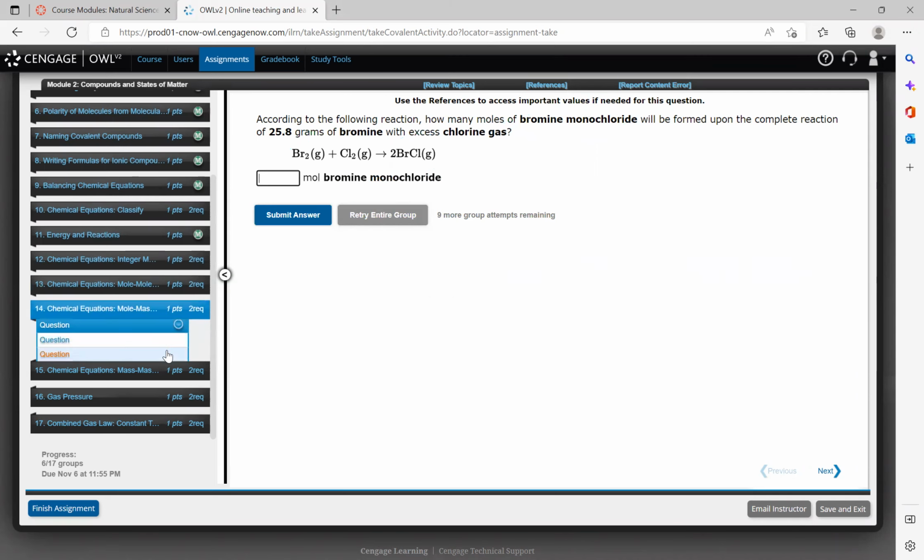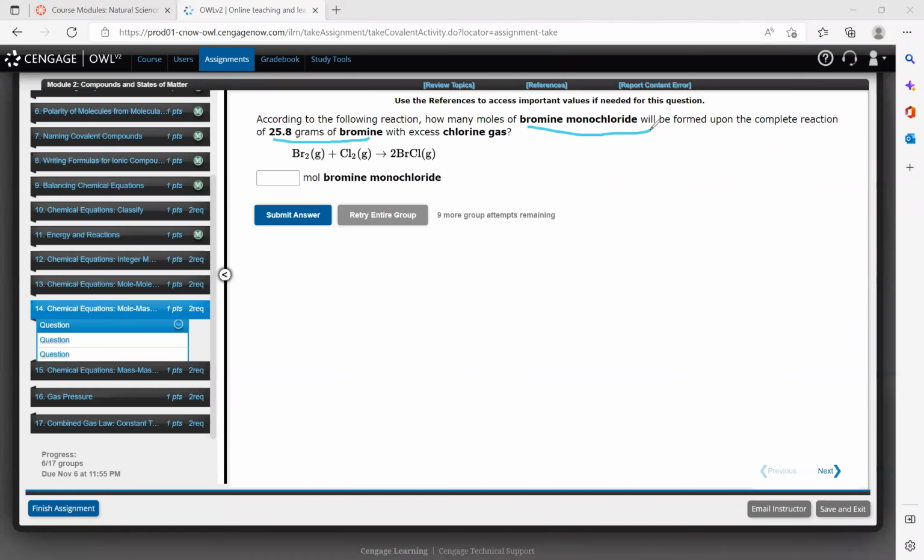All right, now for question 14, we're going with the idea of grams to moles. So this is going to be where we start with grams, and now we're going to be moving to moles. But what we have to be careful with is if you notice that our starting material isn't what we're looking for.